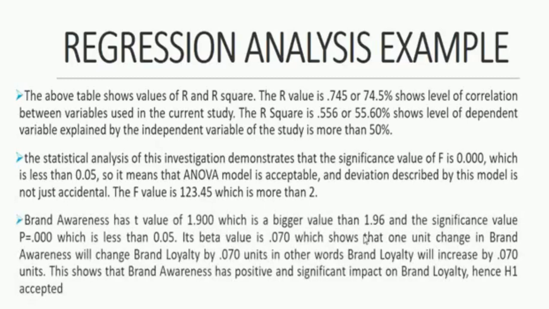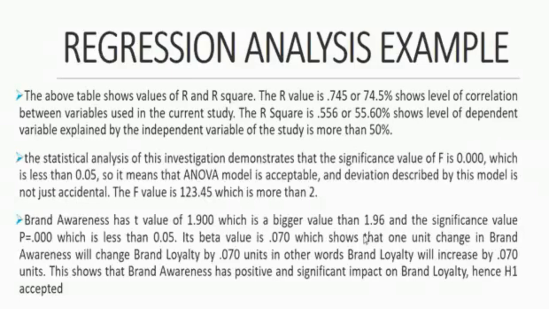Next we have t value. Brand awareness t value is 1.900, which is bigger than 1.96, and it also has a significance value of 0.005, which is less than 0.05. So this means the hypothesis is accepted, and it's a positive value, more than 1.96 or more than 2. Then comes your beta value.